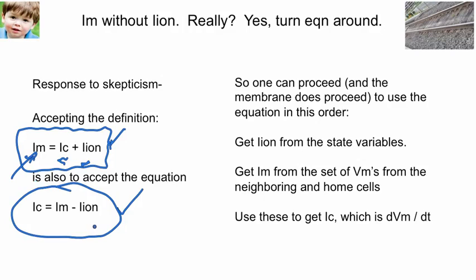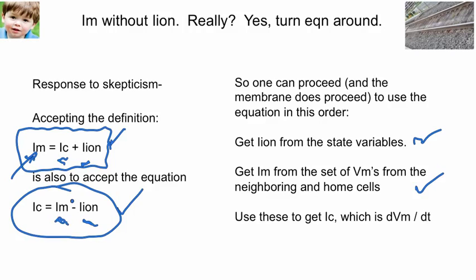You can get the ionic current from the state variables, just as the argument has been made that one should do. You can get the membrane current from the neighboring cells as well as the home cell. And you can put that here as a second term.